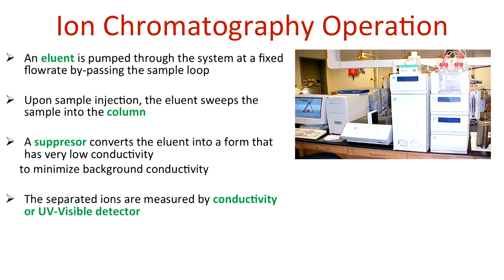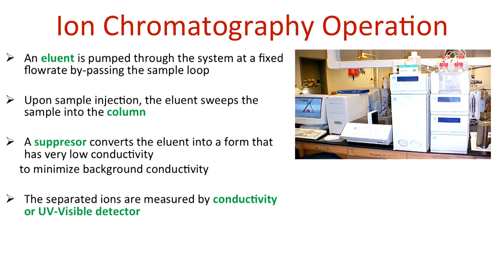So, how does it operate? First, the eluent is pumped through a system at a fixed flow rate, and initially it bypasses the sample loop. Then, when you introduce your sample, the eluent sweeps the sample into the column, and in this column, as I've mentioned previously, there's an equilibrium exchange that will occur between the solvent ions and your column, and also your sample ions and your column.